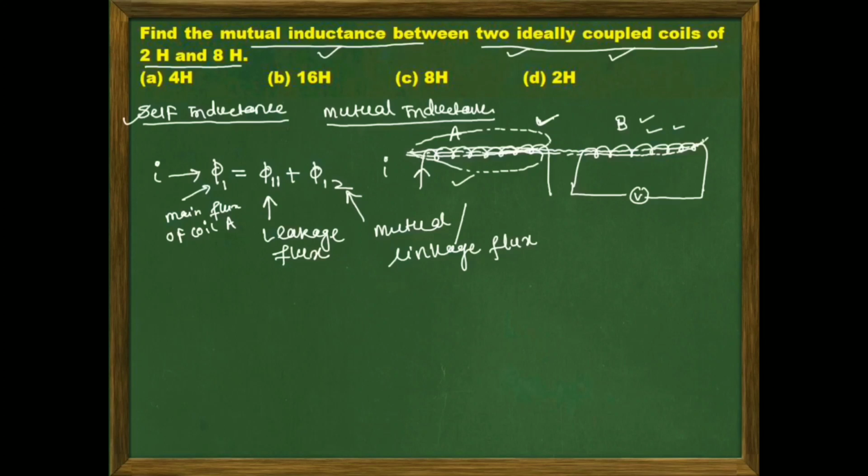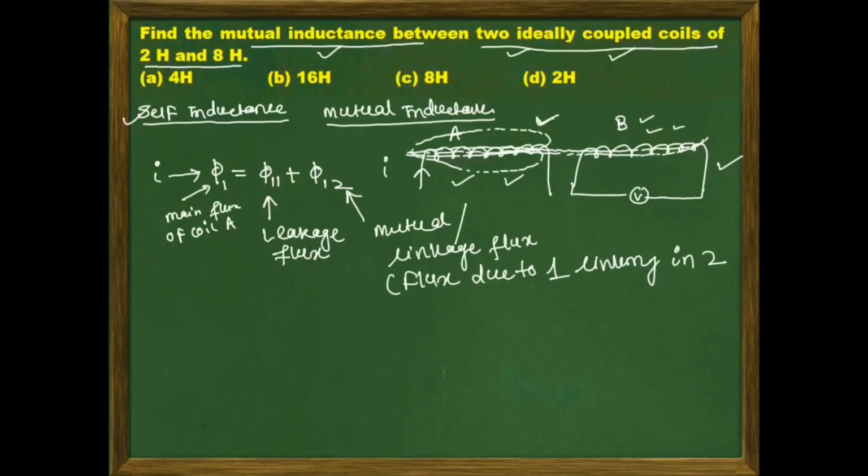So here the phi 12 represents mutual flux, that is flux due to current in the first coil and which is linking to the second coil.